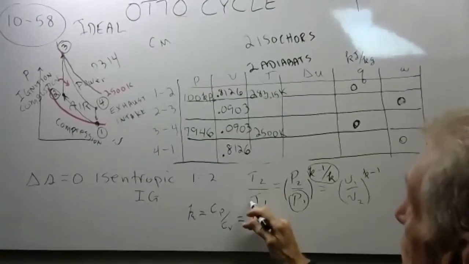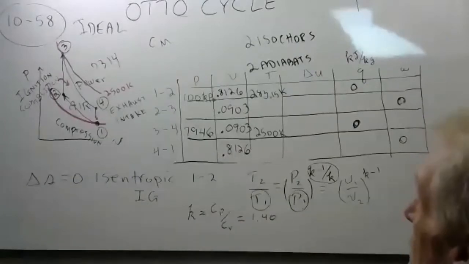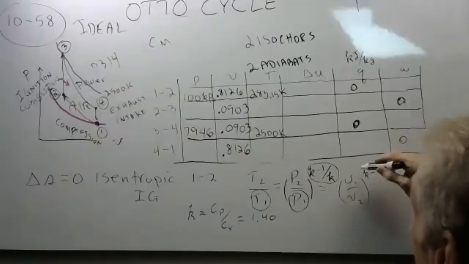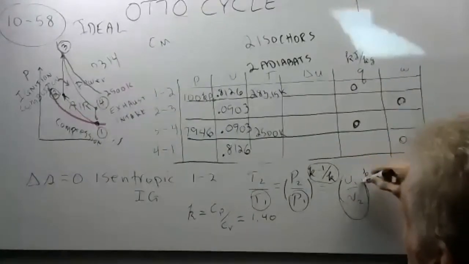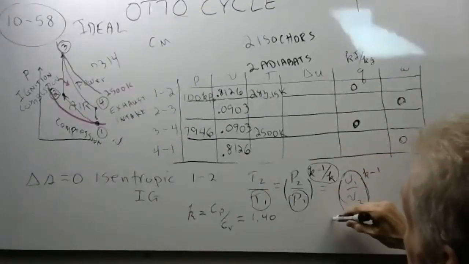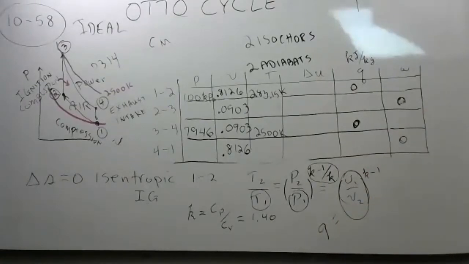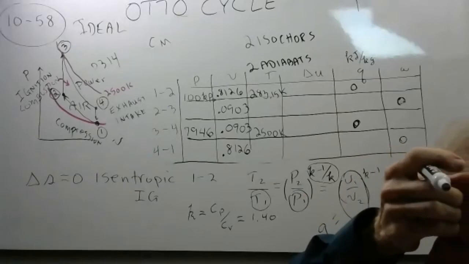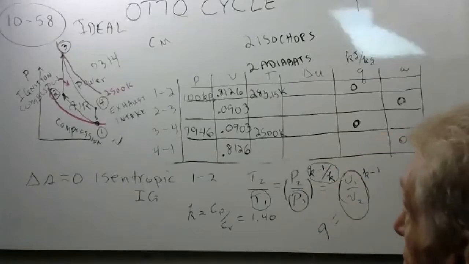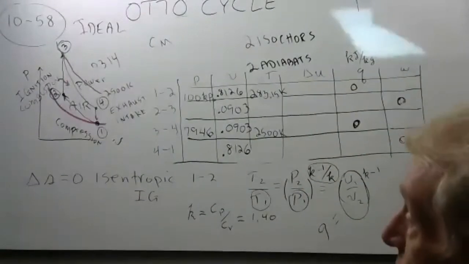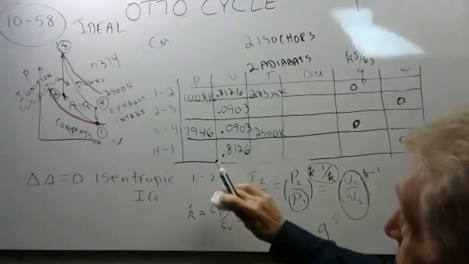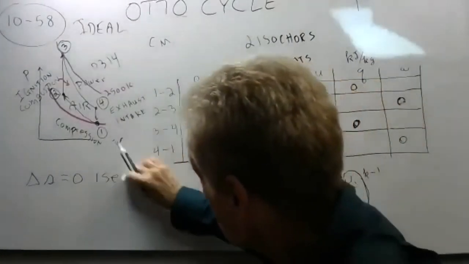We know what T1 is. Oh, we don't know what T2 is. Too bad. But we do know what V1 over V2 is. It's equal to 9, isn't it? See, that's the compression ratio. So we're going to plug in those numbers.